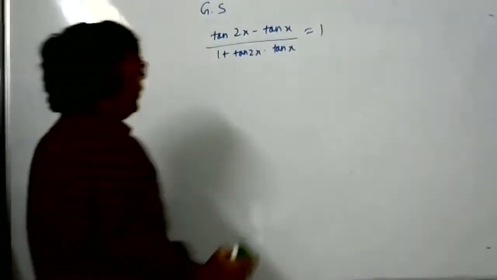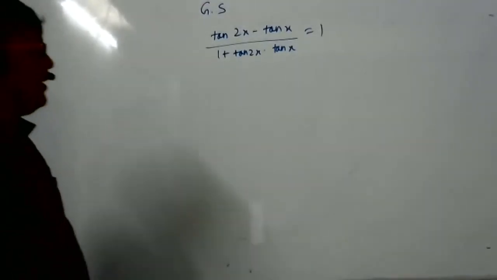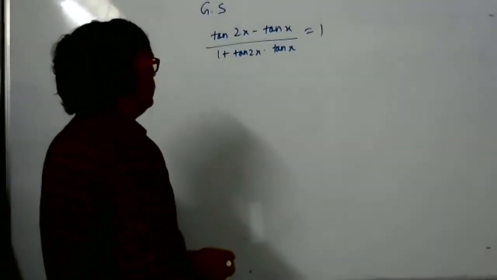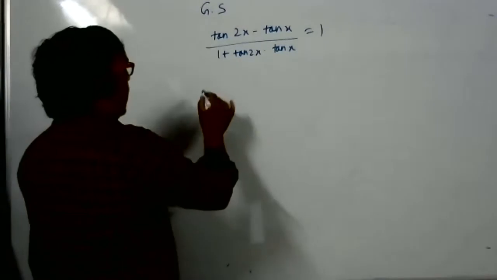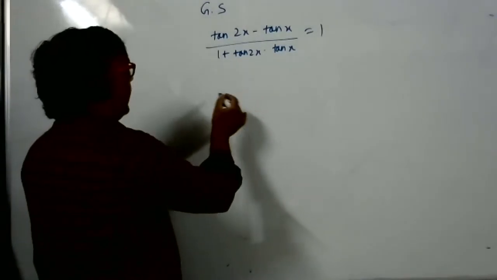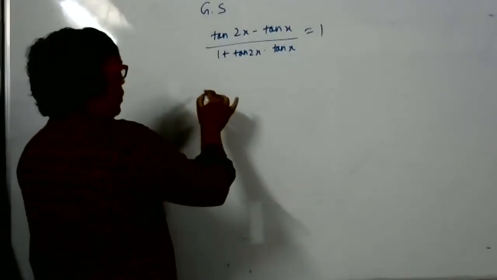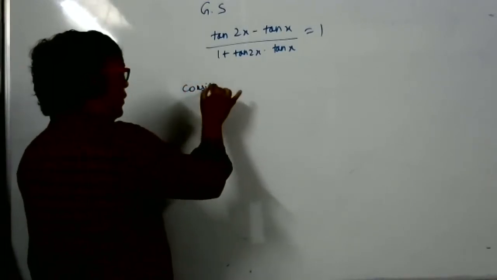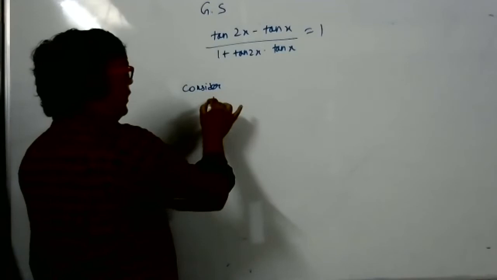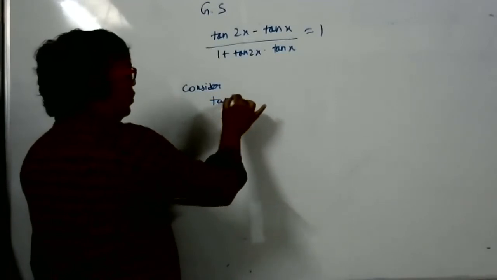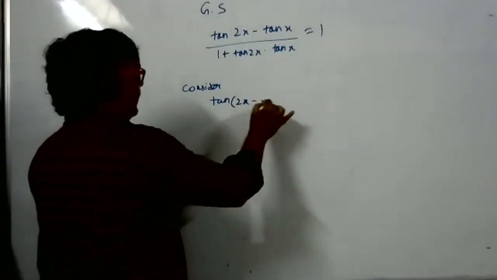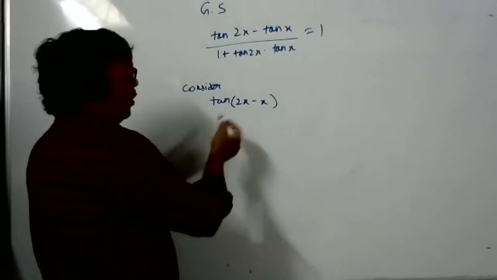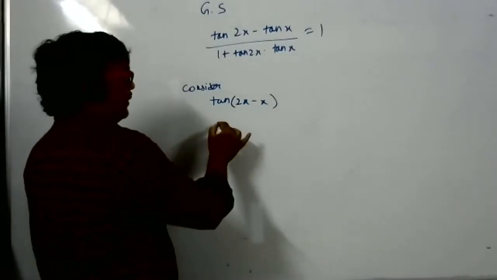What we can do, we can consider tan 2x minus x.